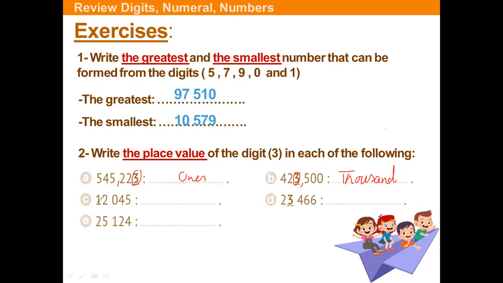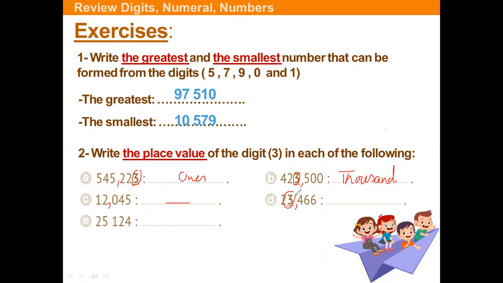What about number C? Here, after 3 digits, we will put a comma. So it will be 12,045. No, there are no 3s here, so we don't have one. Number D, we have here 23,466.